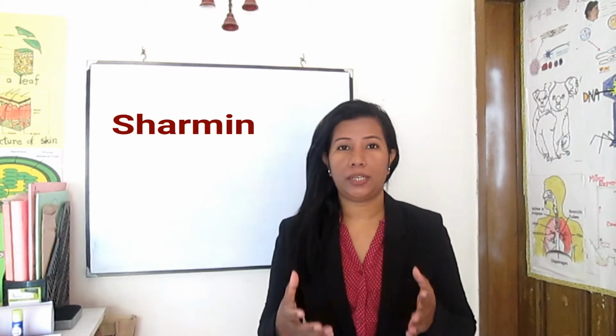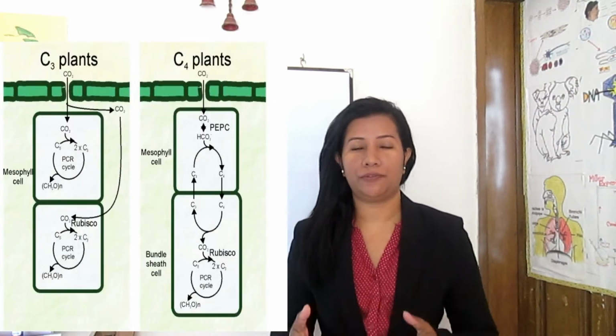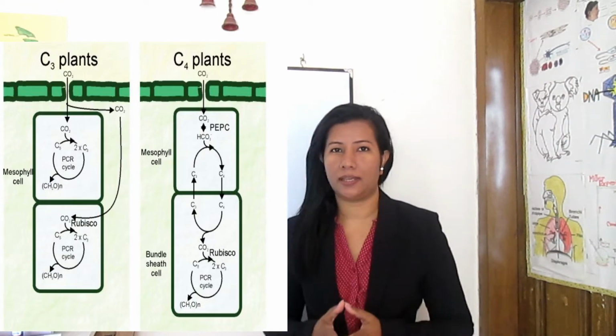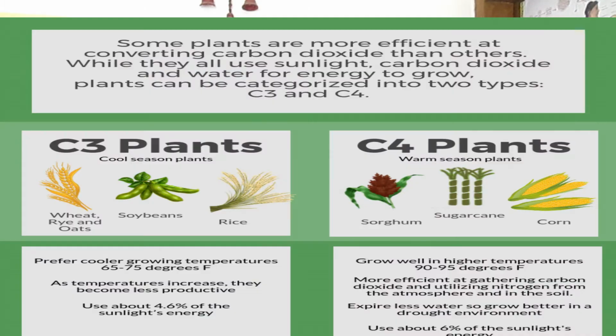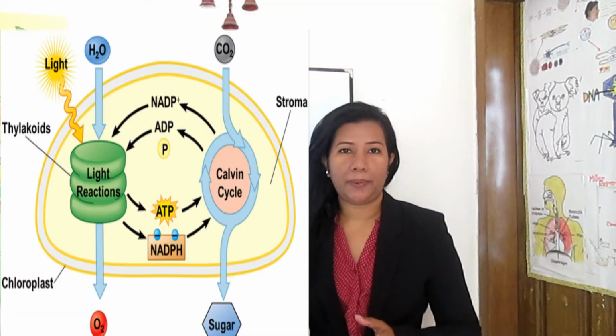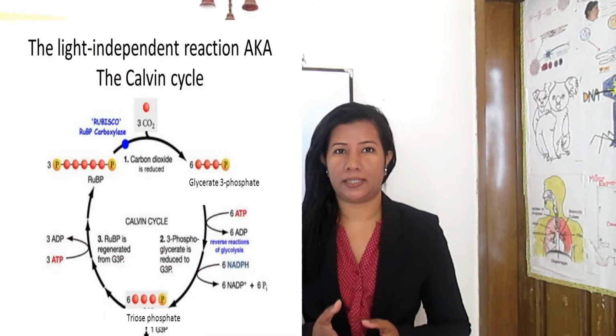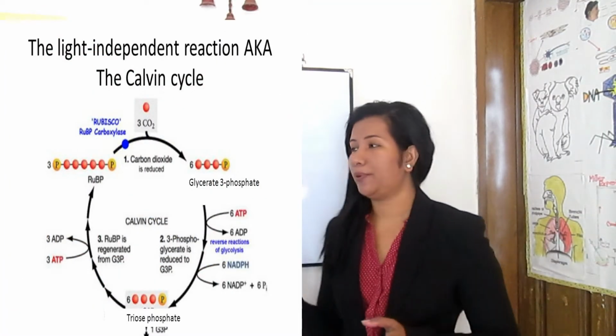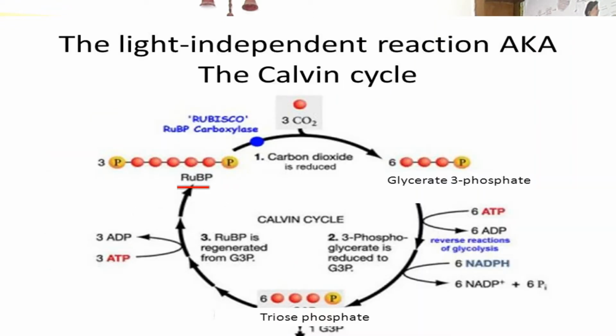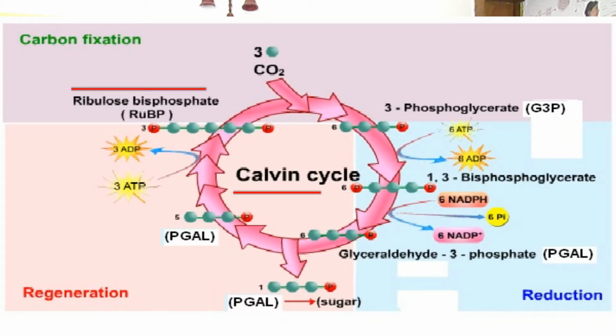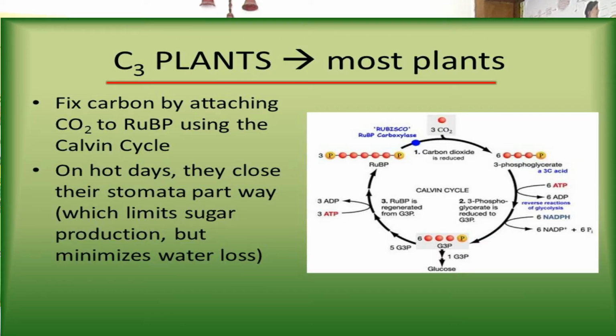I am Sharmin. Today I am going to teach you C4 plants and C3 plants. Okay, so let's get started. In the light independent stage of photosynthesis, you may remember that carbon dioxide combined with ribulose bisphosphate to form a 6-carbon compound, which immediately splits to form two 3-carbon compounds, and plants that do this are called C3 plants.